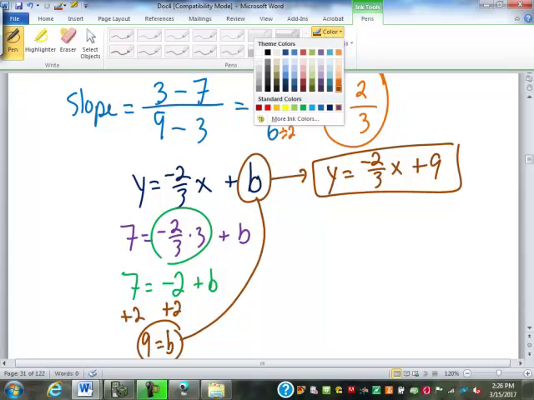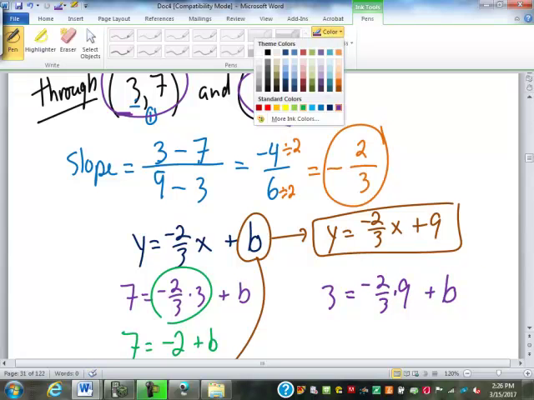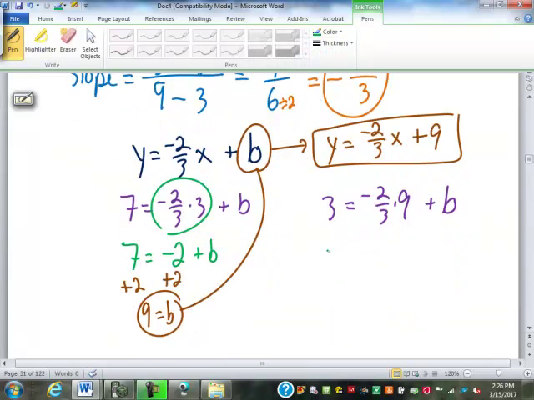Now what if I had used the other point? The 9 and the 3? Well, then the 3 would go in for y. And the 9 would go in for x. And the first step we'd have to do is negative 2/3 times 9 would be negative 6.